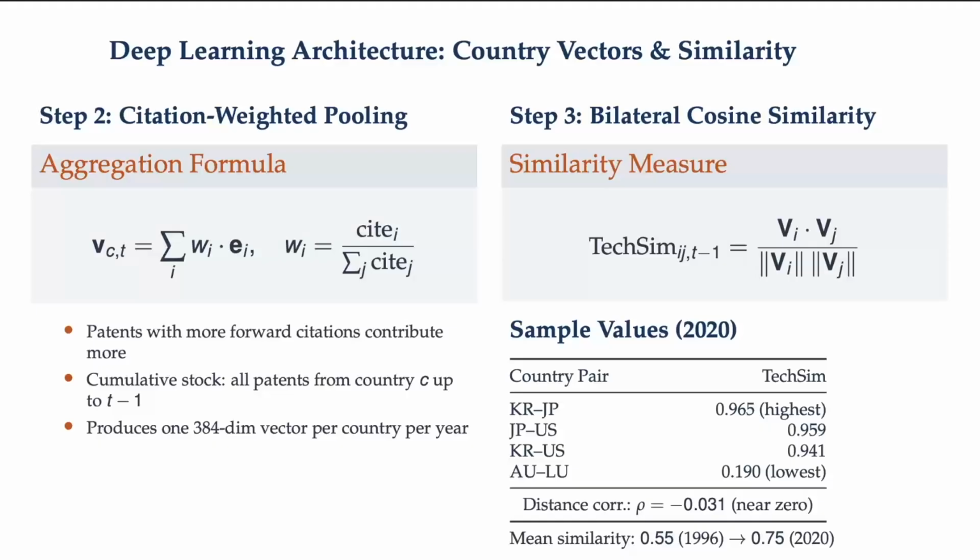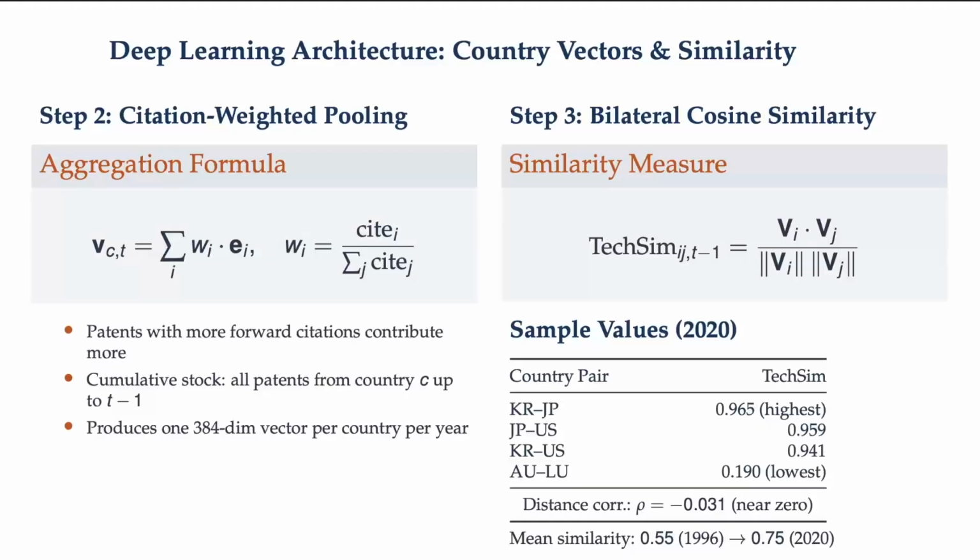So w_i is the citations of patent i divided by the summation of all the previous citations. Using those weights and summing, each country's specific time vector is generated.